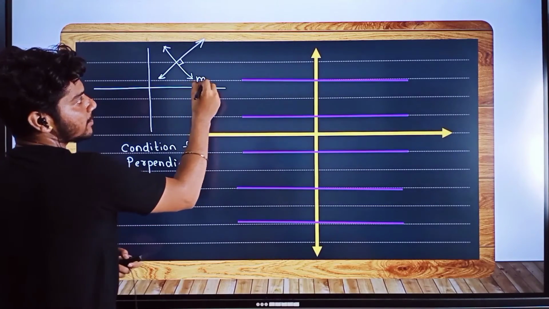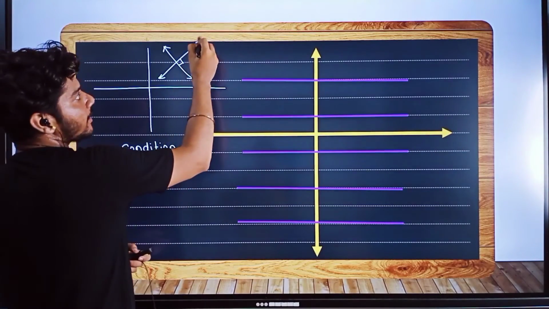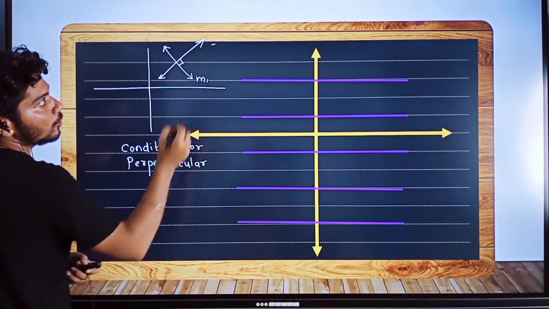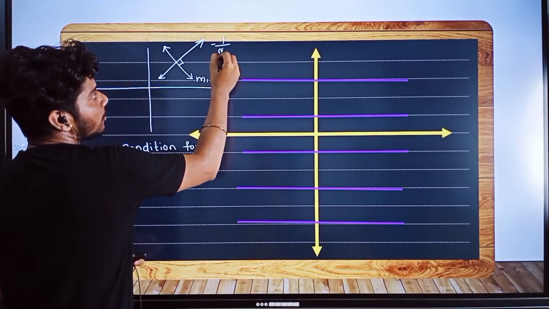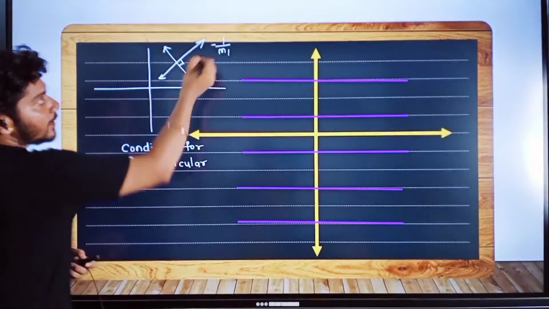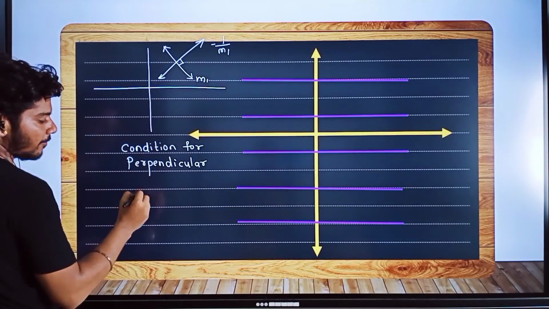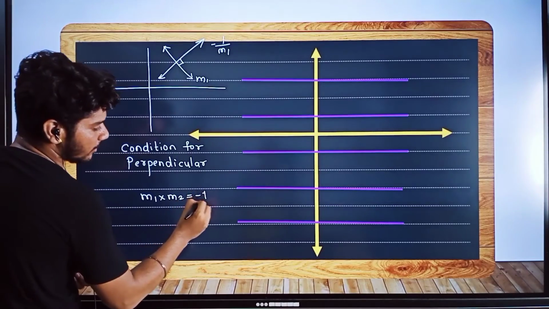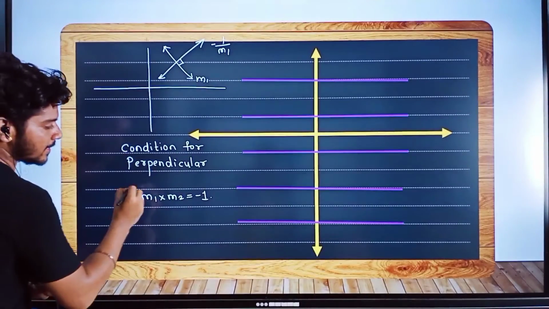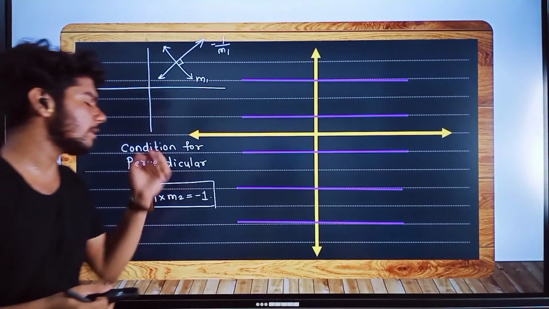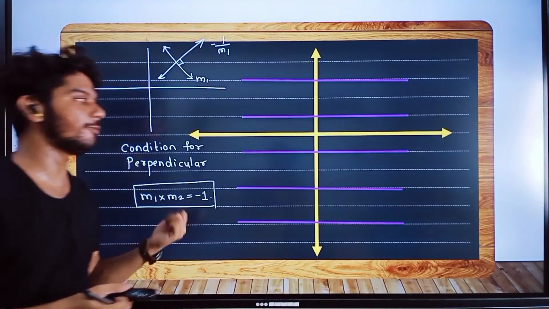That means if the slope of this line is m1, the slope of the other line would be its negative reciprocal. First put a minus sign, and then take the reciprocal too. Another way of writing this is m1 times m2 equal to -1. These are the basic things you should know while solving sums related to equation of a line.